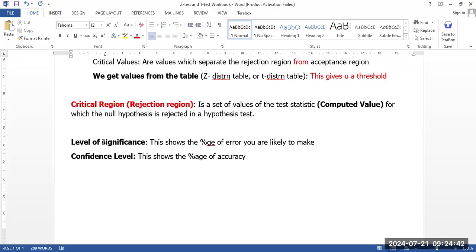So it means that we will always find what we call standard error. We'll always find it as we do our workings.